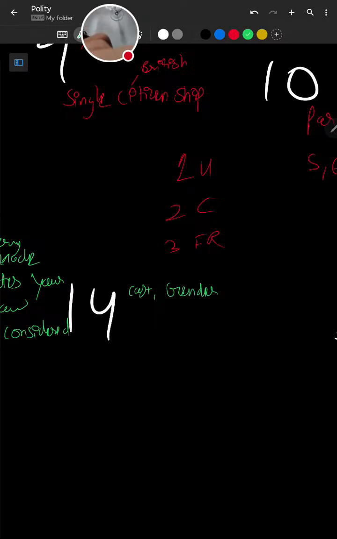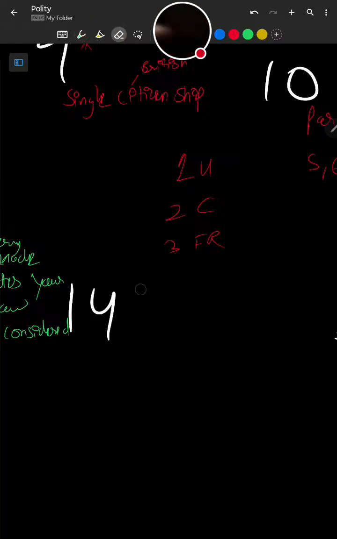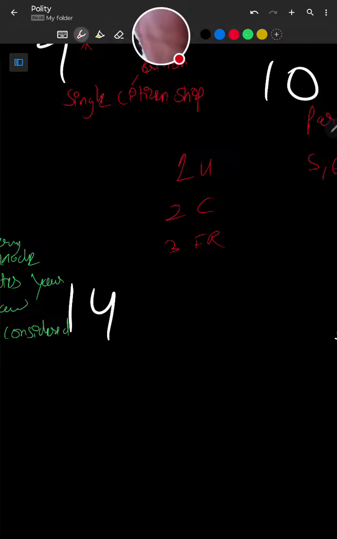Article 14 is the equality one. It has two types. First is equality before law, and second is equal protection of law.